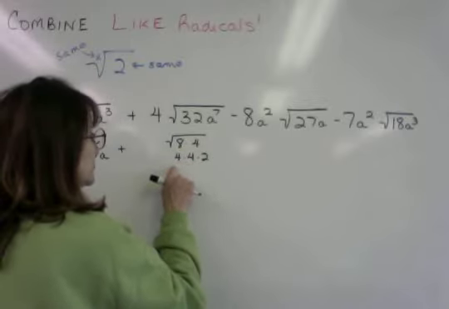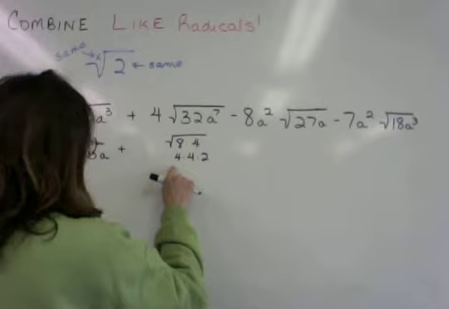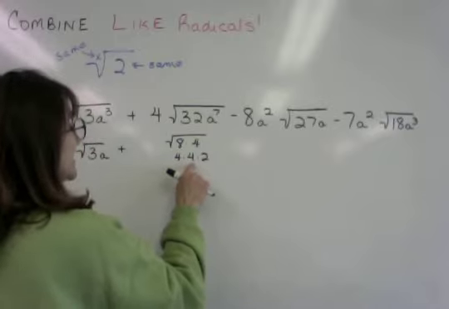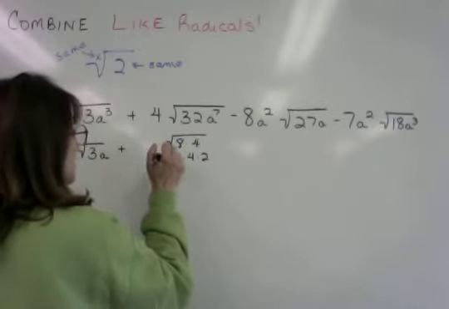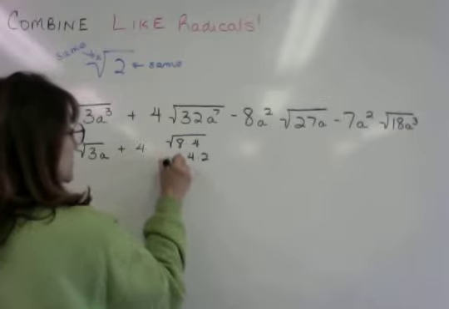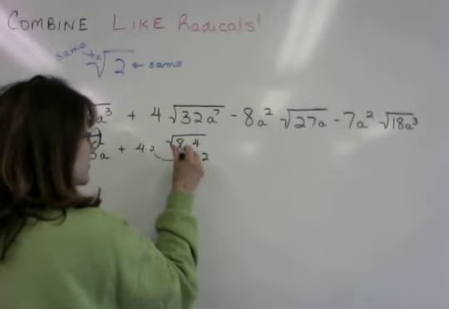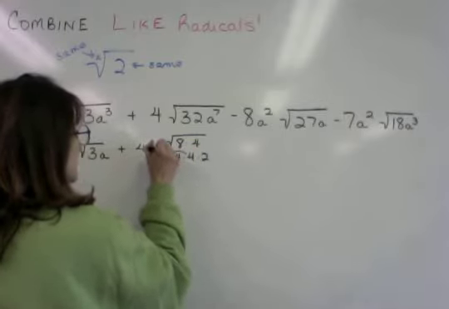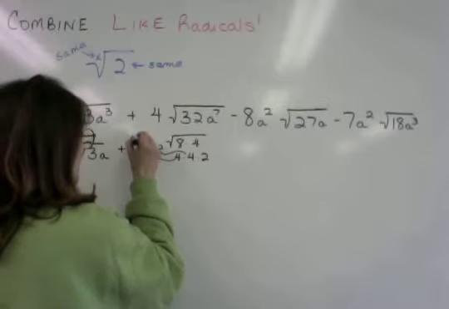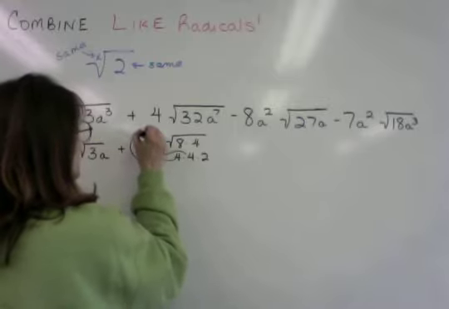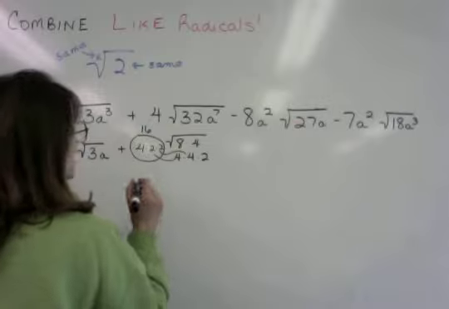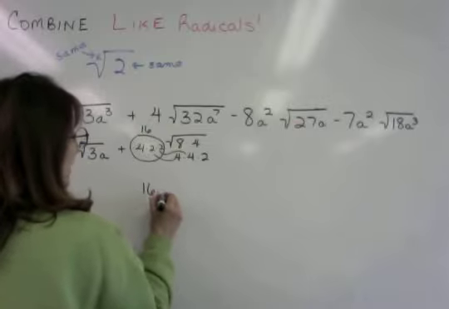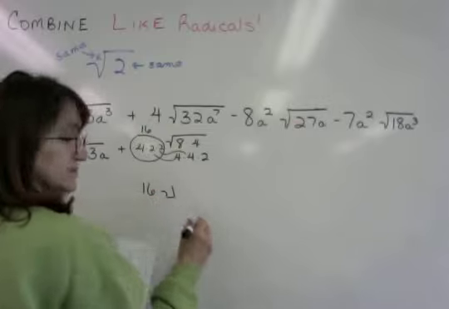These 2 twos are going to be coming out of there. I've got a 2 coming out of this one, and I have another 2 coming from this one, and multiplying all of those becomes 16. So eventually the number that's coming out of that radical is going to be 16.